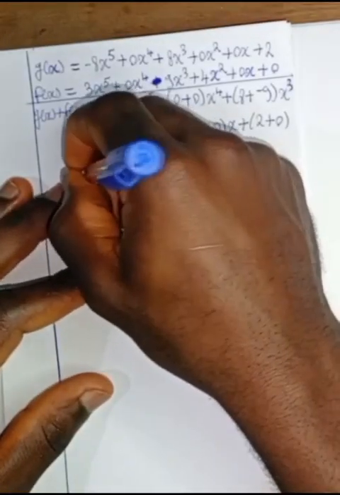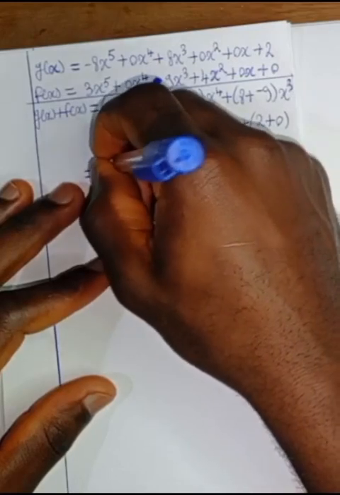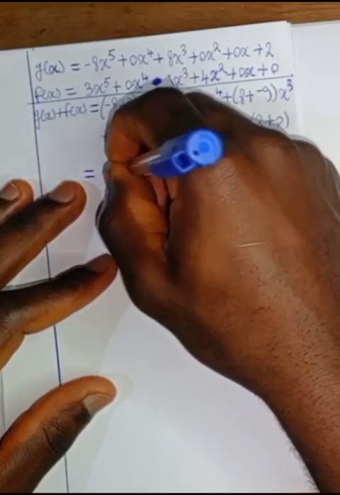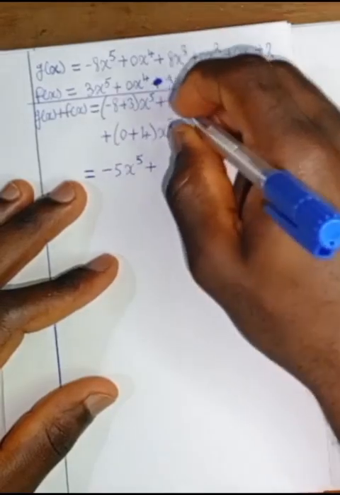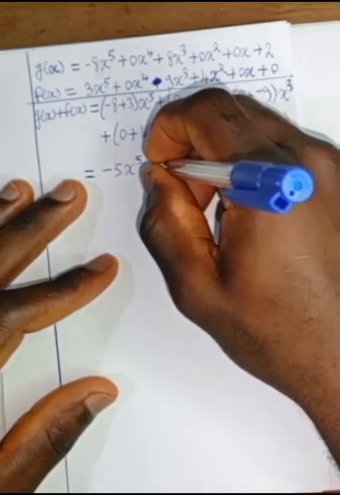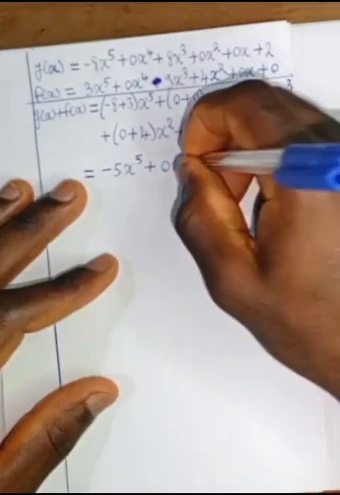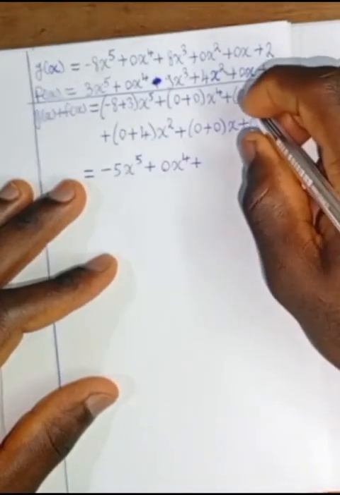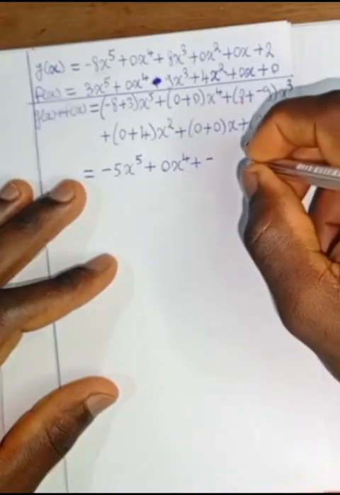This will simply be equal to negative 8 plus 3 gives us negative 5 times x to the power 5, plus 0 plus 0 gives 0, 0 times x to the power 4, plus 8 plus negative 9 gives us negative 1.